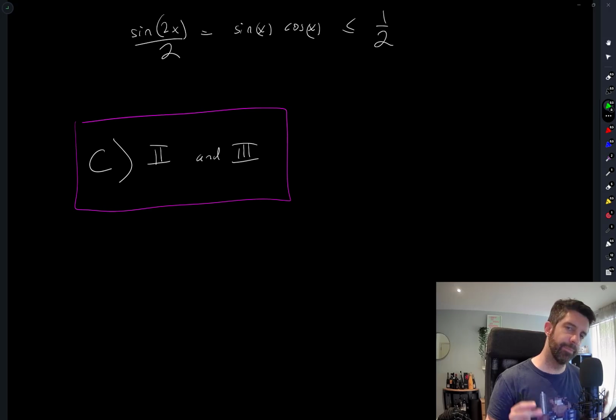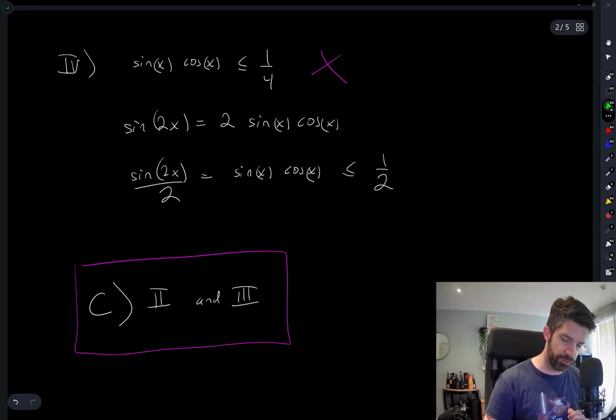That one seemed a little bit fishy to me at the beginning. If I make that equal to 1, then this product is equal to a half. So this is not true.